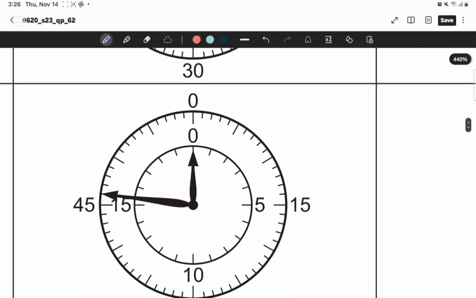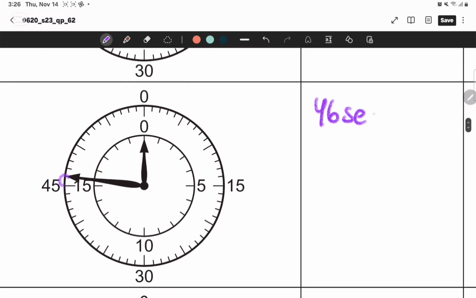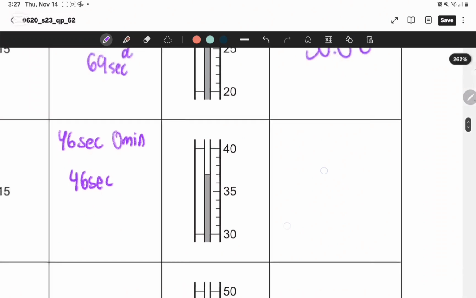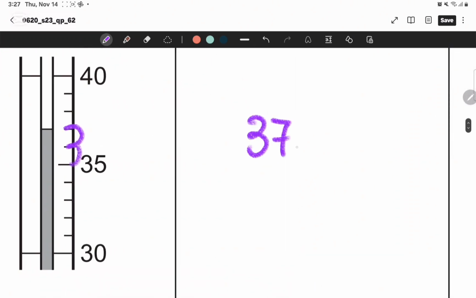And then here, they start here, so 46 seconds and 0 minutes. So only 46 seconds. And then here 35, 36, 37, 37.0 degrees Celsius.